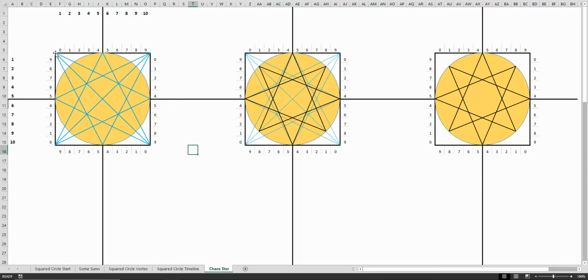Now if I go from this 0 to the 5 here, from this 0 to the 5 here, and this 0 to the 5, it's just a straight line down, so we don't need that one. Now let's say I go from this 0 to this one, from this corner to this corner it's the same, and this corner to this corner it's the same.